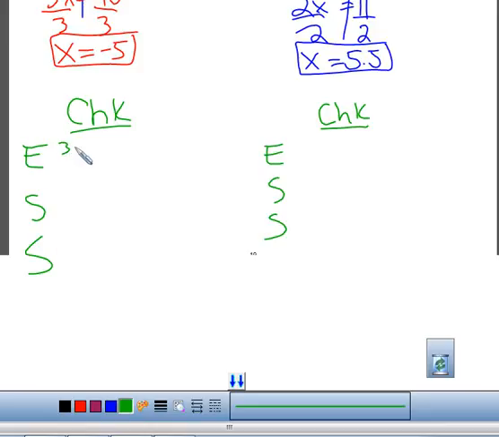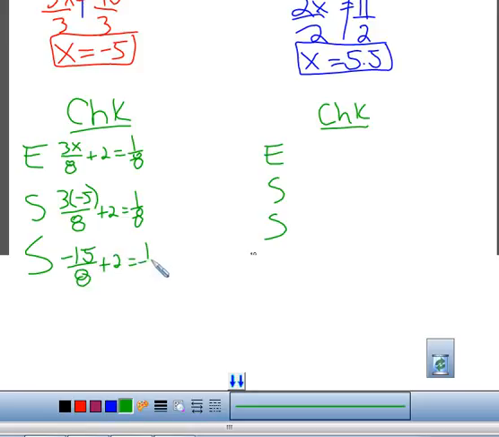So I have 3x over 8 plus 2 equals 1/8. Substitute in -5.